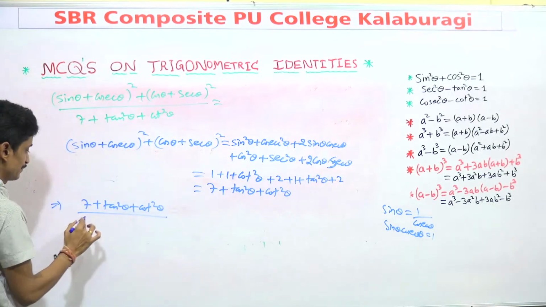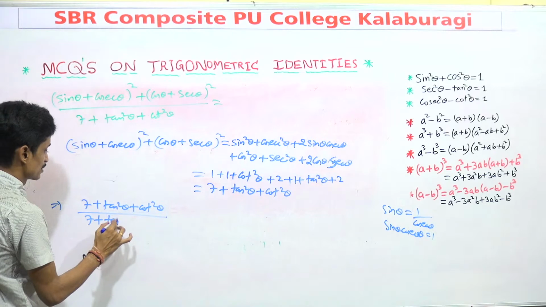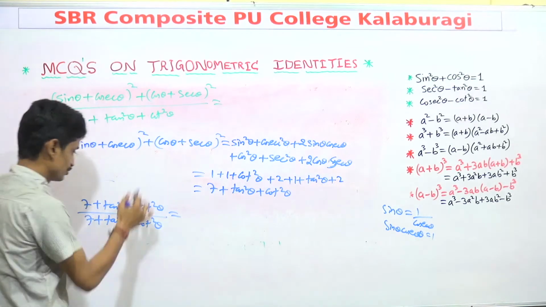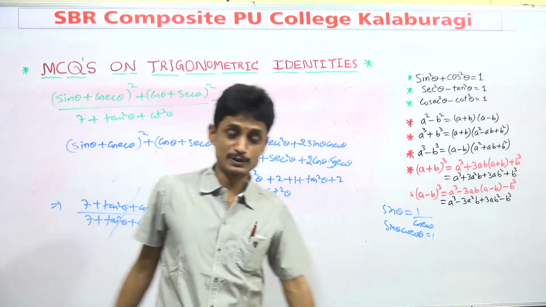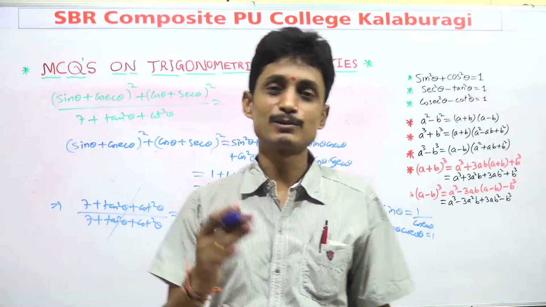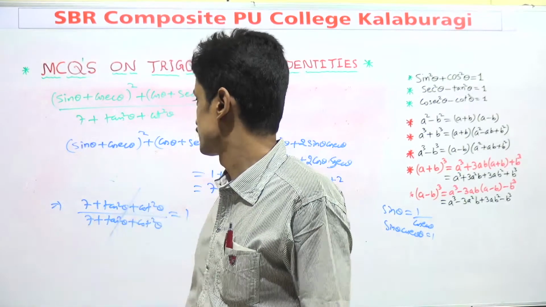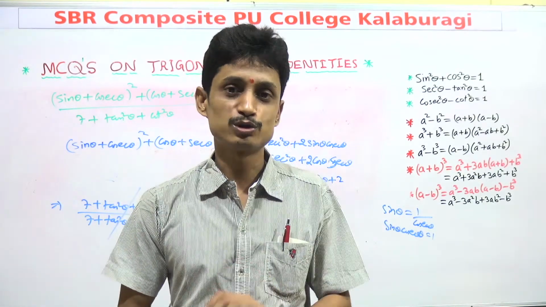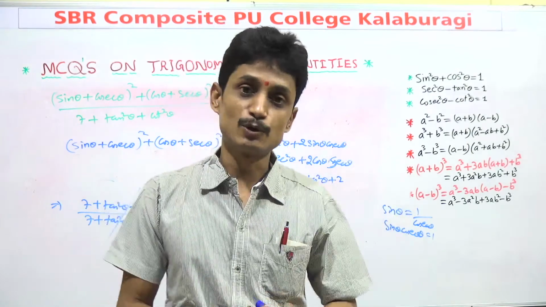In place of the denominator I have 7 plus tan square theta plus cot square theta. These two cancel, remains 1. In the beginning it looks very difficult, but there is nothing to it. This problem only depends on the a plus b whole square form and the reciprocal relation.